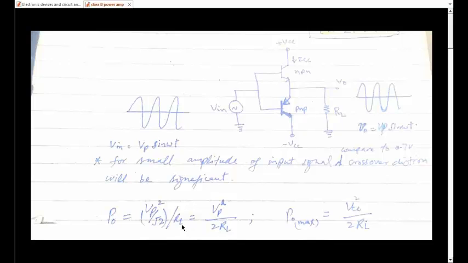For maximum output power, this peak value should be maximum, and the maximum value we can get for this circuit is VCC. So P out max would be equal to VCC squared over 2RL. On one side it would be at VCC, and on the other side at minus VCC. So peak to peak value would be 2 VCC, and peak value would be VCC.